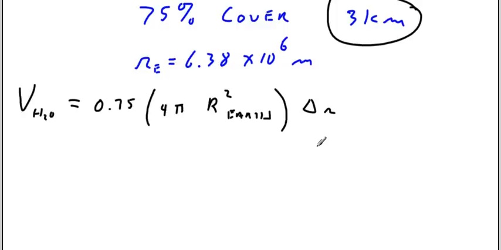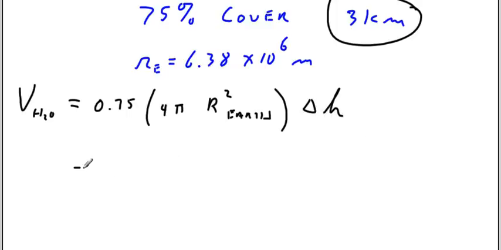So that's why we're doing the change in, we'll call it change in height. So all we're doing is looking at the surface area of the Earth, 4 pi r squared, and going with 0.75, and then multiplying it by the height of the surface area to get the volume.